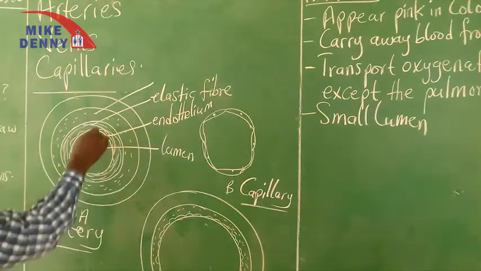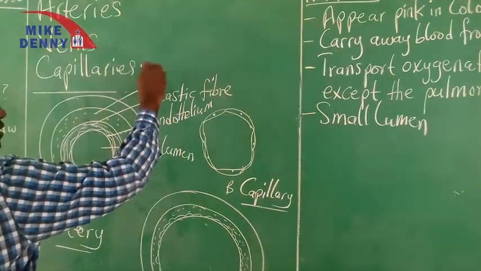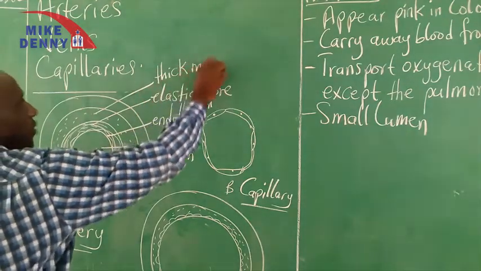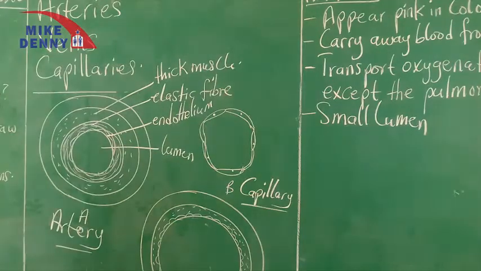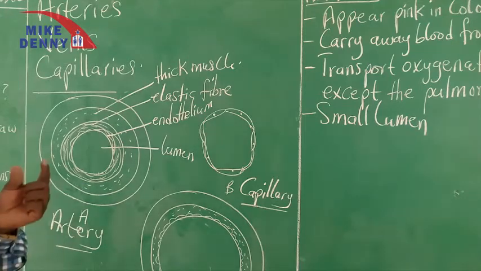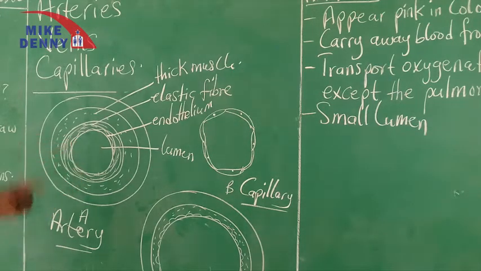This is elastic fiber. Then this is a thick muscle layer. You have the thick muscle layer. So if you can take this, you will see that blood flow in arteries is of high blood pressure. So that's why they have smaller space. Blood space is smaller because blood flow is of high blood pressure caused by heartbeat.